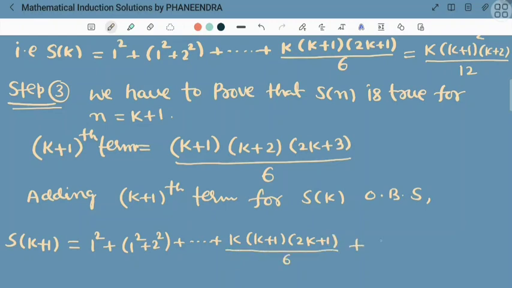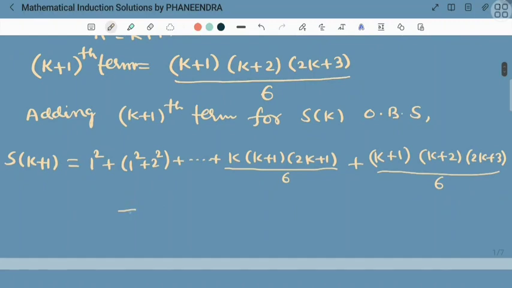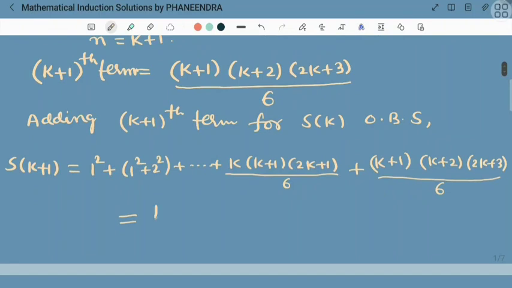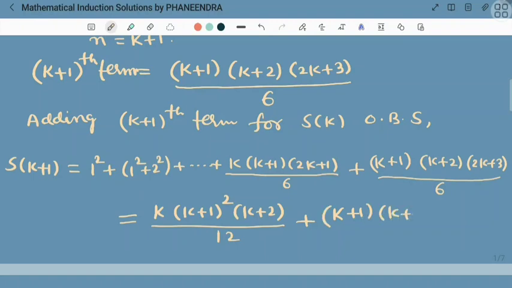plus the k plus 1th term is what? k plus 1 into k plus 2 into 2k plus 3 by 6 is equal to, what is the RHS value? RHS value: k into k plus 1 whole square into k plus 2 divided by 12, plus we are adding k plus 1 into k plus 2 into 2k plus 3 divided by 6.